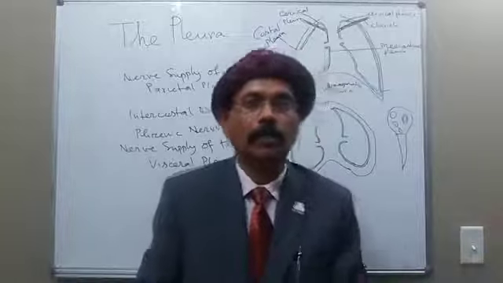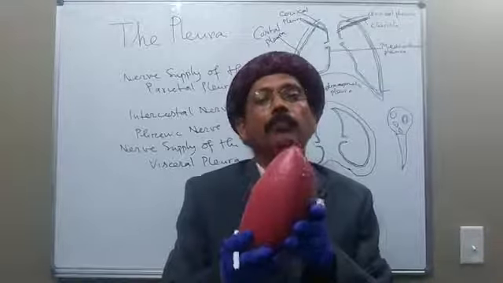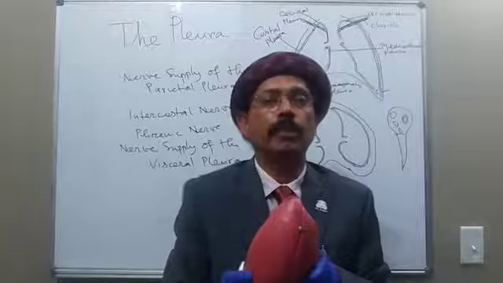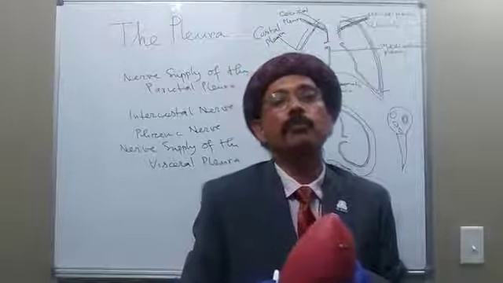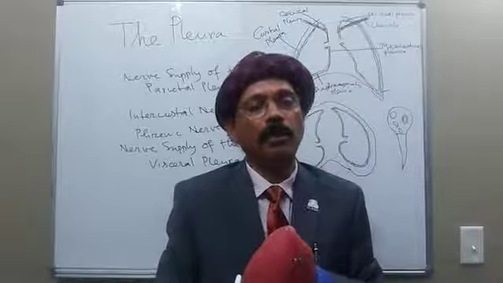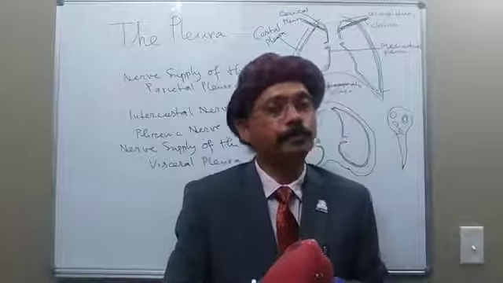So the nerve supply will be, the pulmonary pleura should be autonomic nerve supply, sympathetic, parasympathetic. Sympathetic from T2, T3, T4, T5 segment of the spinal cord. Parasympathetic is from the vagus nerve.